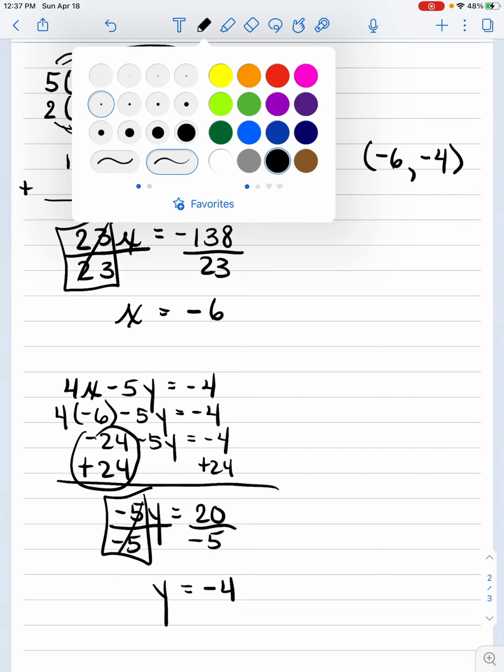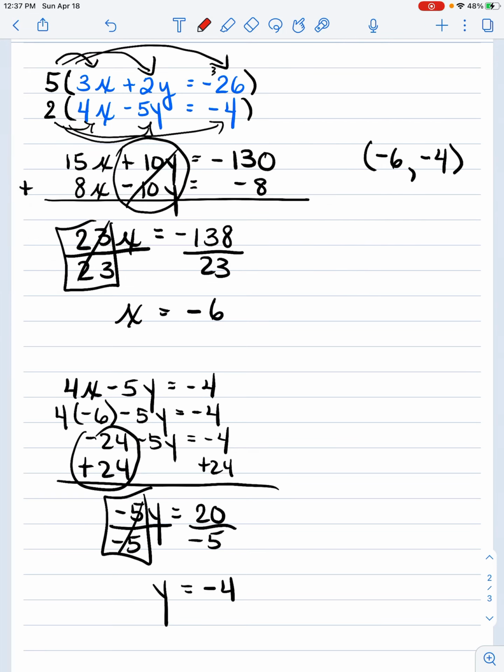Now, how am I going to check? Well, since we substituted in the second equation, let's check using the first equation. We have 3x plus 2y equals negative 26. All right, let's see. We have 3 times negative 6, right?